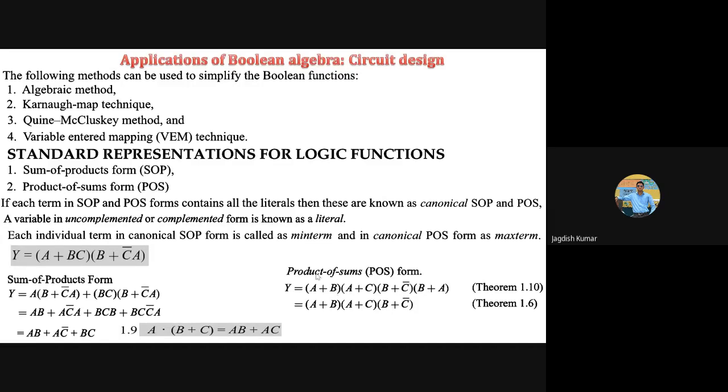Now here you can see there is one sum, this is another sum, this is another sum. The right hand side is product of the sums. That is how this form is called product of sums. So this is the same expression. This one tells you the sum of product form, and this one tells you the product of sum form of the same expression.